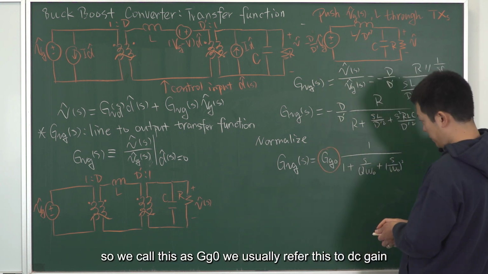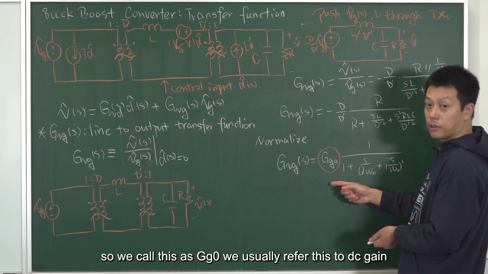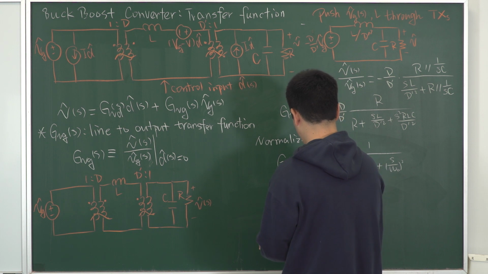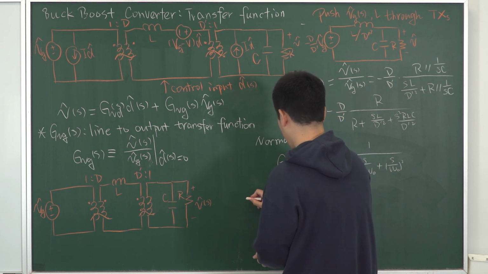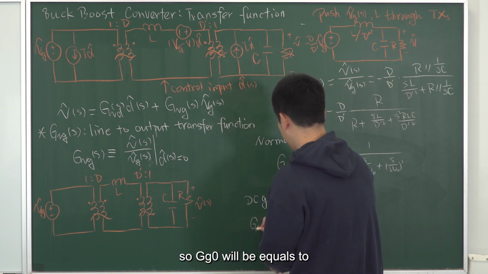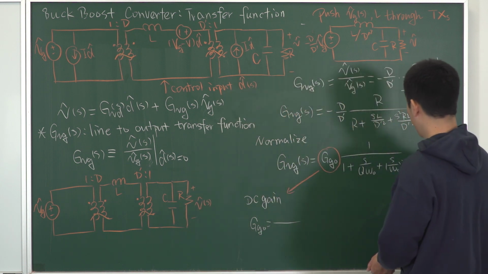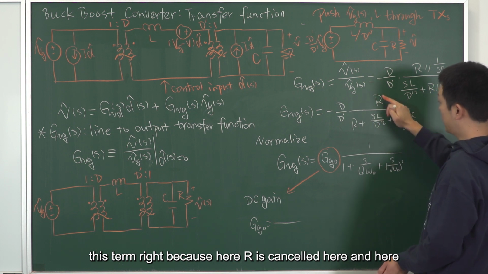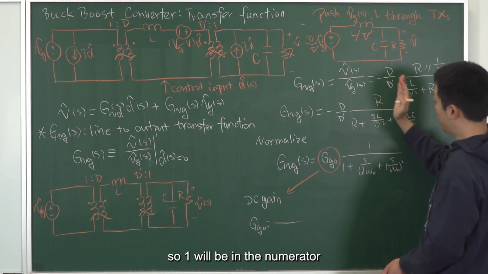So we call this GG0. We usually refer to this as DC gain. So GG0 will be equal to this term, right? Because here R is canceled here and here, so 1 will be in the numerator.